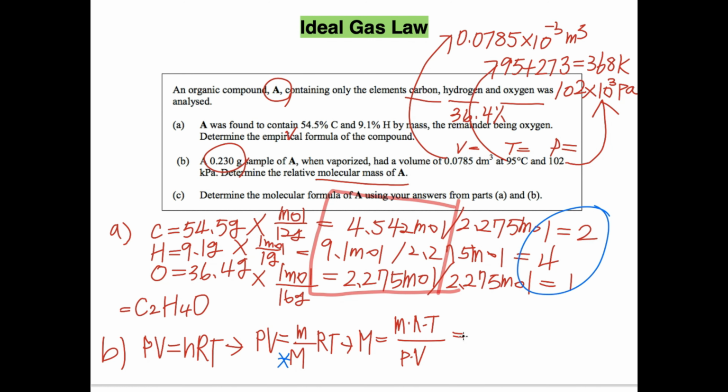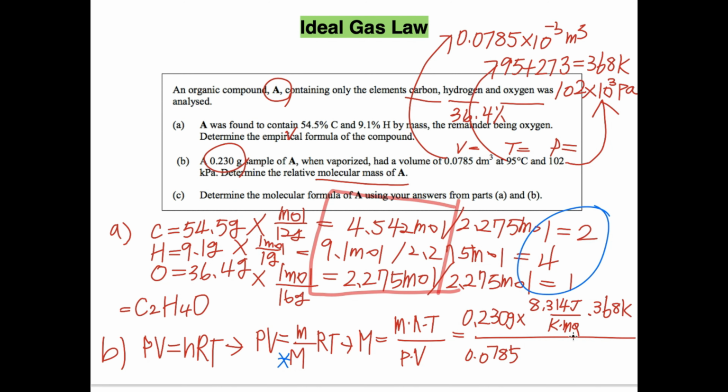So if I plug all these numbers in, I am going to get 0.230 grams times 8.314 joules over K mole times 368 Kelvin. And P times V will be 0.0785 times 10 to the power of negative 3 times 102 times 10 to the power of 3, right?